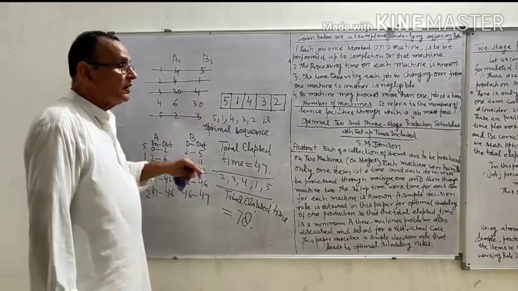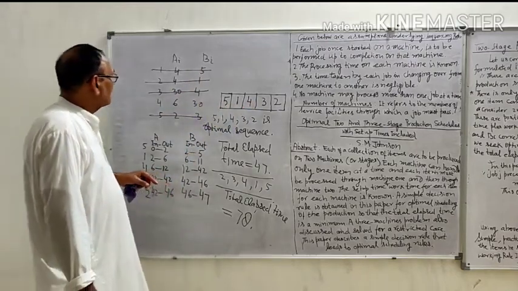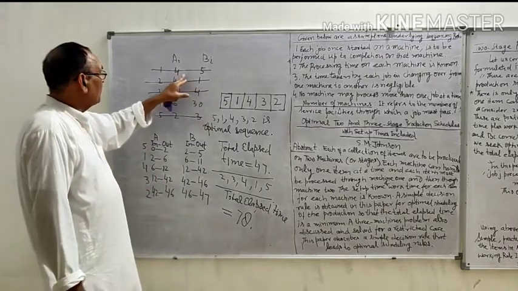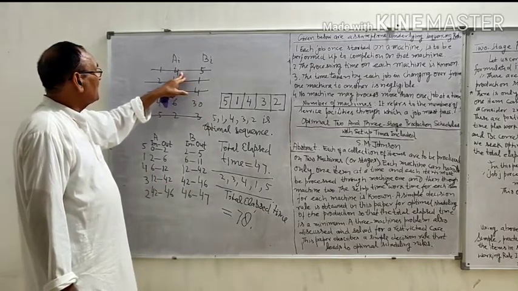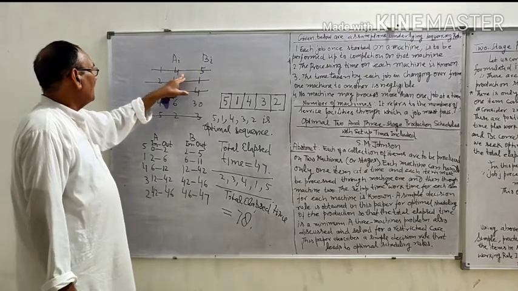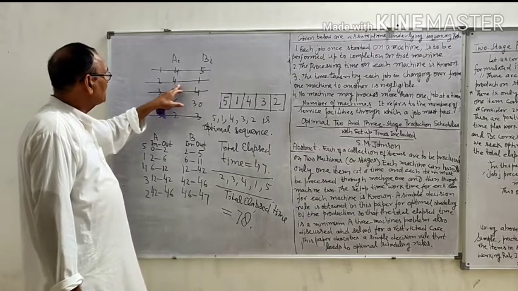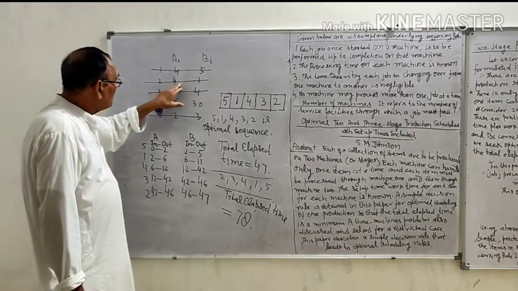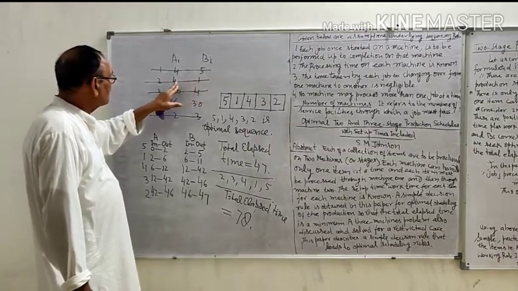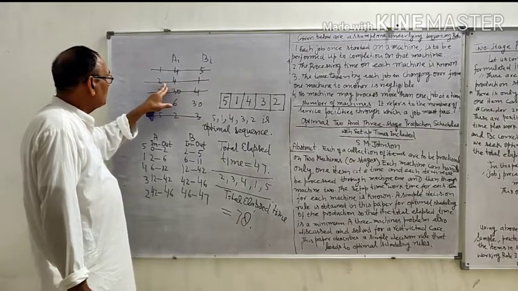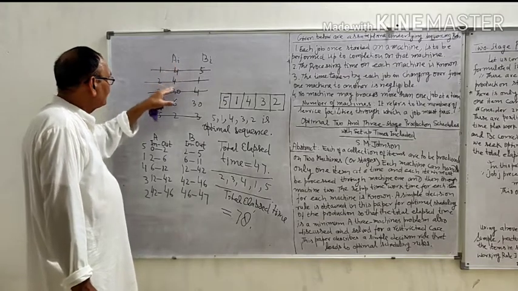And what about a tie? Suppose 4 is the minimum processing time for machine A and for job number 1, and again 4 is here, by the way, and it is also minimum, for the second job. So then there is a tie.